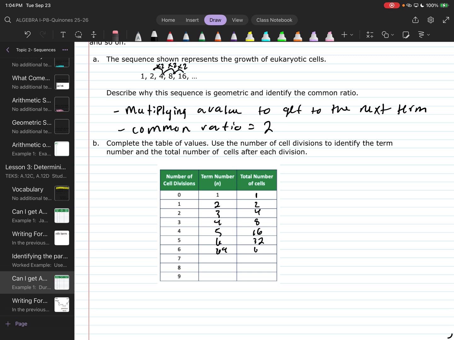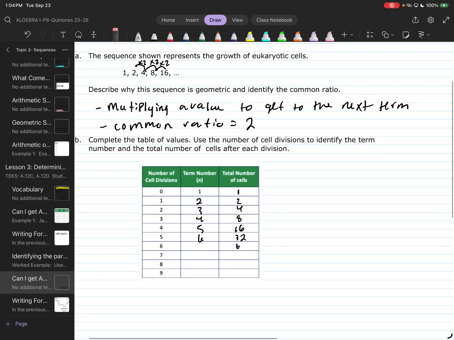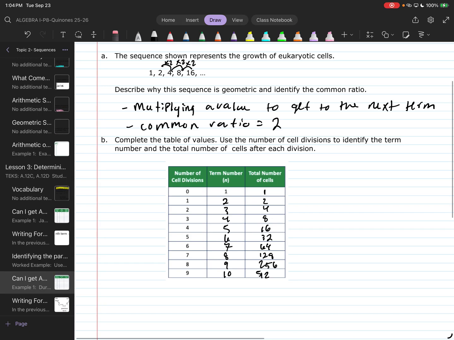Next. Oh, true. My mind is going faster than my writing. Okay, next. 128. Okay, next. 256. Next. 512. Cool. Questions here? We should be able to kind of deduce this by now.